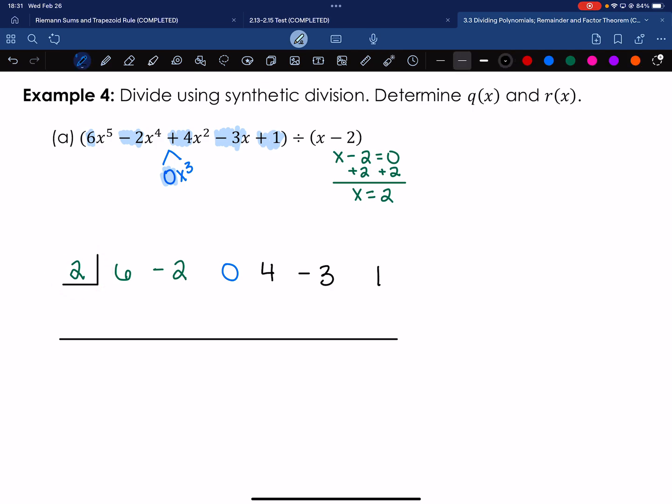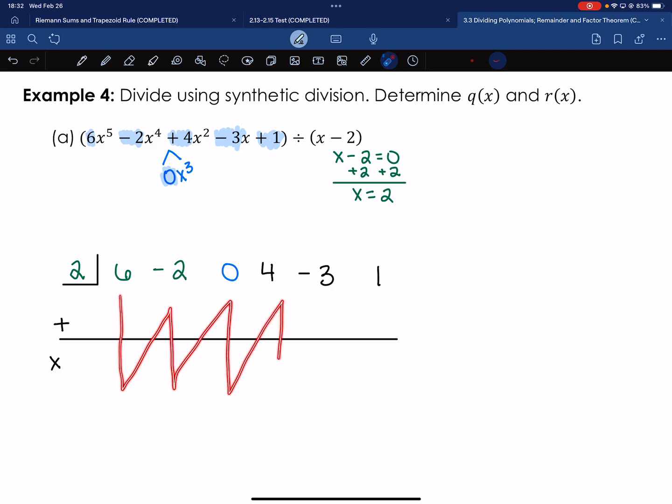So above the line we add, below the line we multiply. I'm going to put it as an X. Add, multiply. Okay, and it's going to go in a zigzag pattern. So it's going to look like this and then zigzag. Down and across. Down and across. Down. And you're just going to keep going until you run out of numbers. Makes a zigzag.